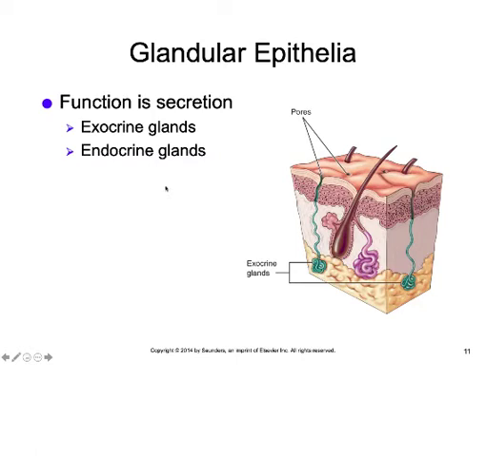Examples include the hypothalamus up underneath the brain, the pituitary gland under the hypothalamus, the thyroid gland in front of your voice box in your throat, the parathyroid glands, which are right behind the thyroid, the adrenal glands, which are on top of each of your kidneys, and your pancreas, which is wedged between the first part of your small intestine and an organ called your spleen, and it sits behind the stomach.